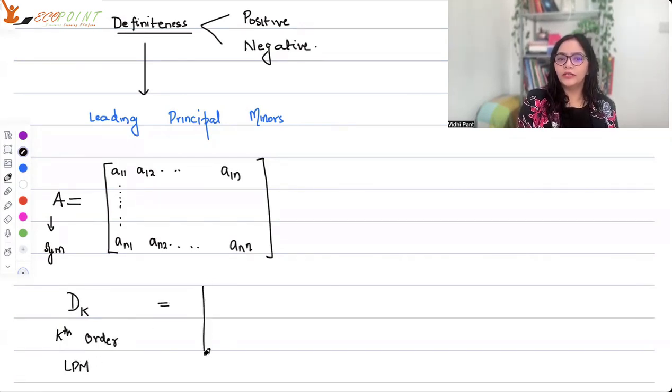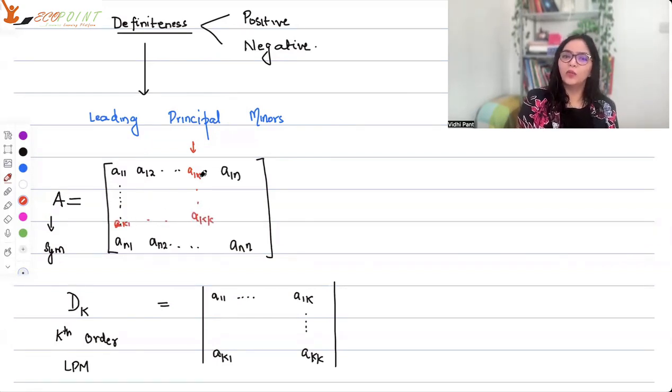is equal to the determinant of the matrix that ends at Akk. How would you get this matrix? If k is somewhere here, A1k, and say Ak1 to Akk. So what are you exactly doing here in order to get Dk?